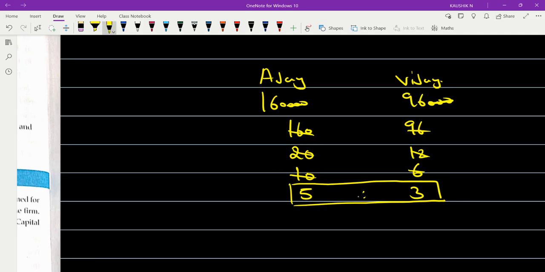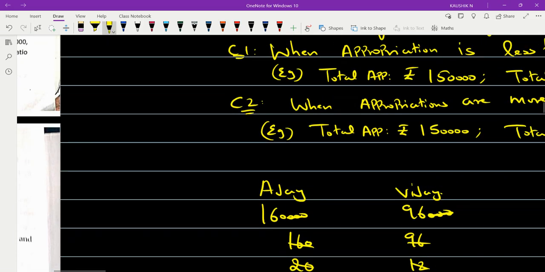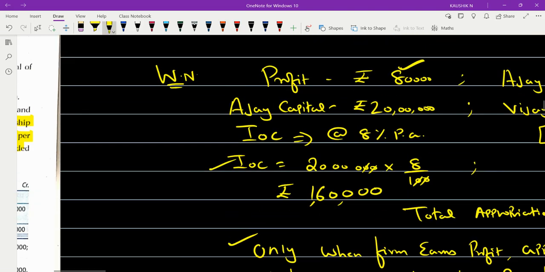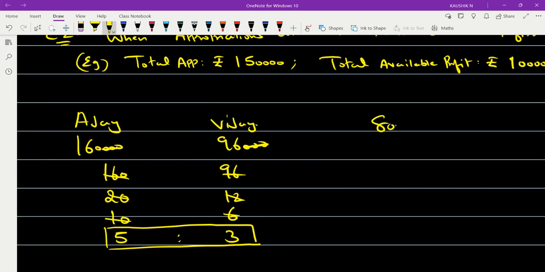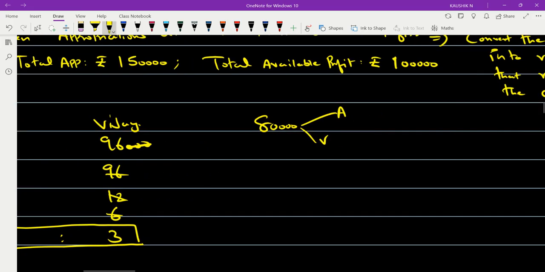This ratio I am going to use to distribute the value of rupees 80,000. So the 80,000 will be distributed between Ajay and Vijay in the ratio of 5 is to 3. Thereby for Ajay it will be 80,000 into 5 by 8, and for Vijay it is going to be 80,000 into 3 by 8.